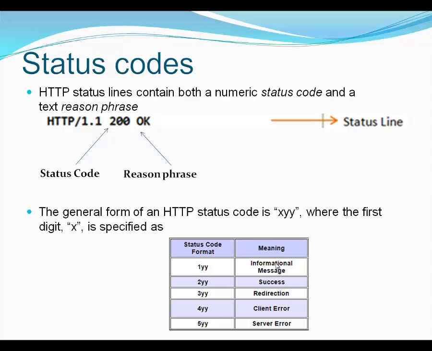Now 4xx and 5xx are the error categories. While 4xx is the result of an action of the client, 5xx is the result of an action of the server. One example would be, suppose you are requesting an object and that object is not found on the server, it says 404, that is not found. Now, this action was initiated by the client by sending an incorrect URL of an object which is not present.